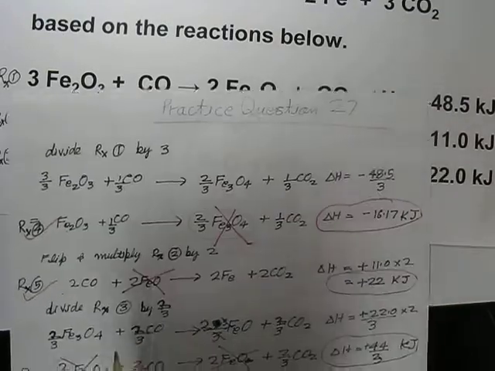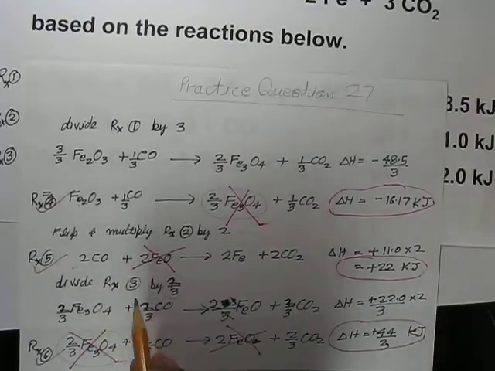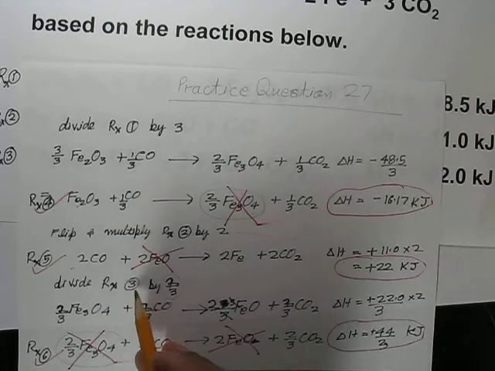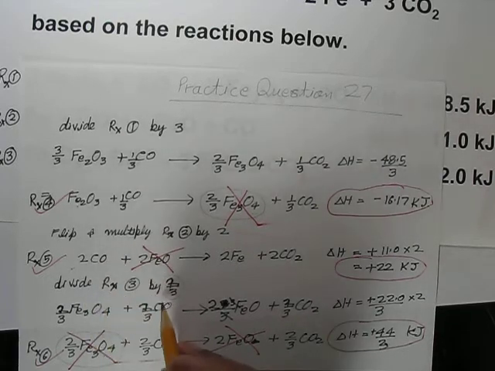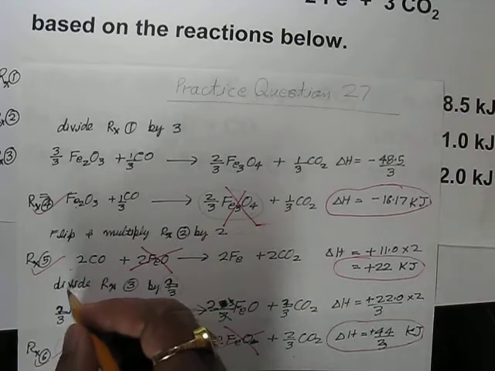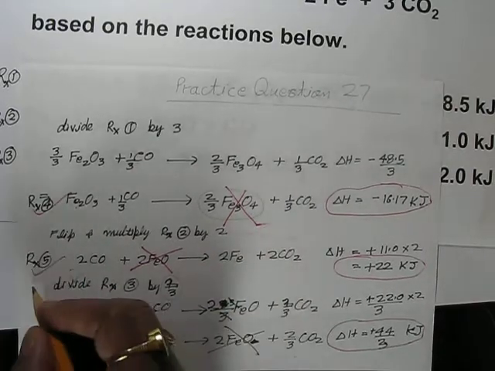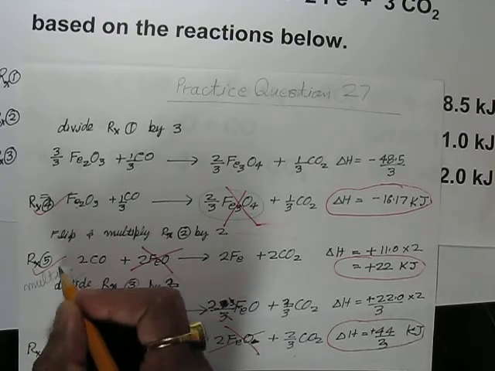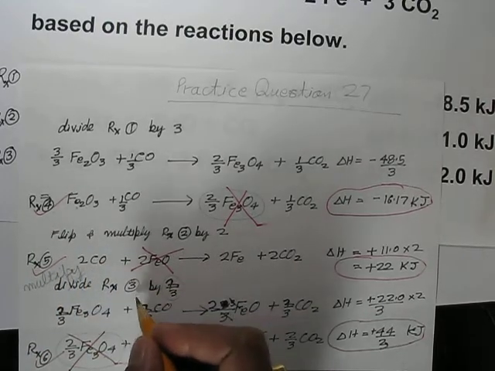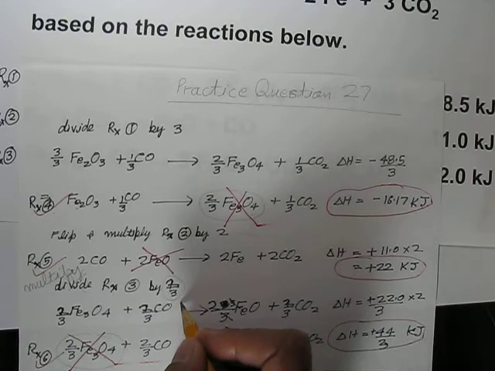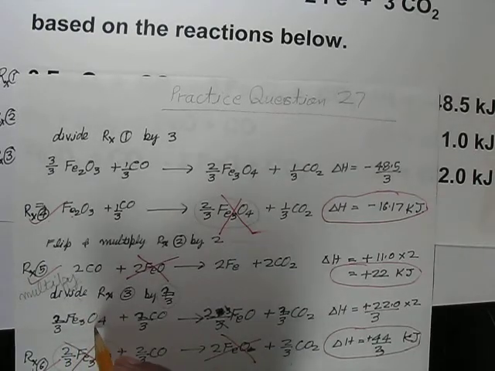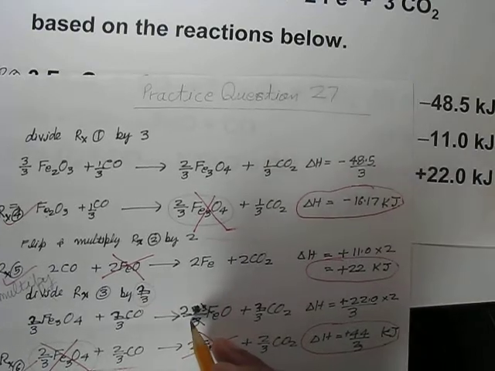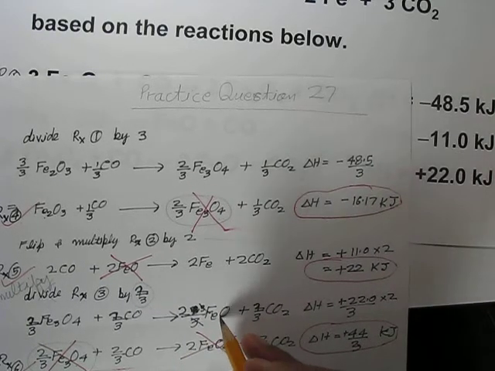And then third is reaction 3. Rather than divide, it should be multiply. Multiply reaction 3 by 2 by 3. So 2 by 3 Fe3O4, 2 by 3 CO, and 2 by 3 FeO.